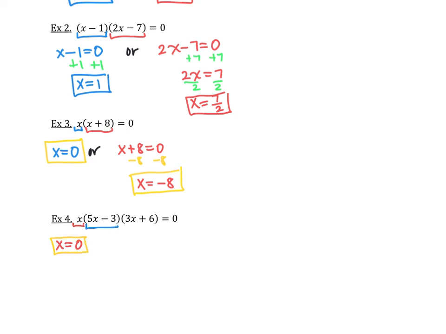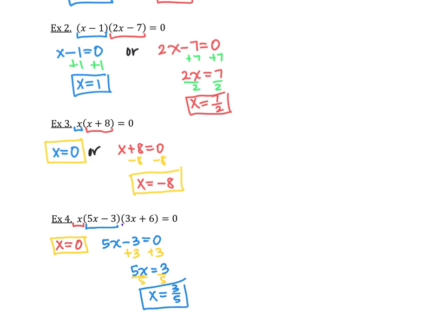For the next factor, it could be that 5x minus 3 is equal to 0. And I'm going to go ahead and solve this equation. 5x equals 0 plus 3 is 3. Divide by 5. x equals 3/5 is my second answer.